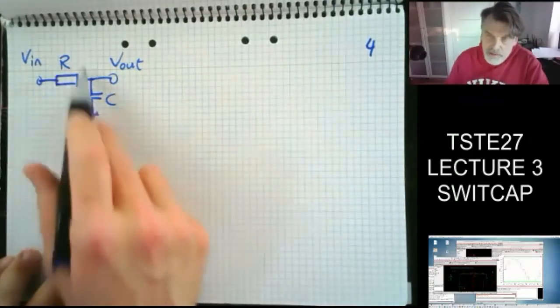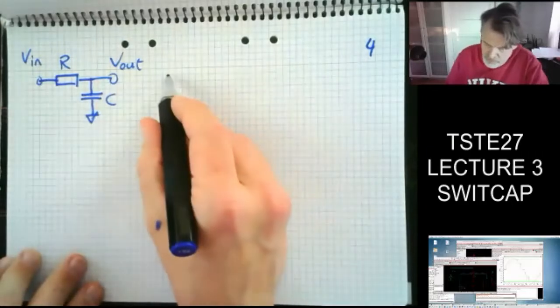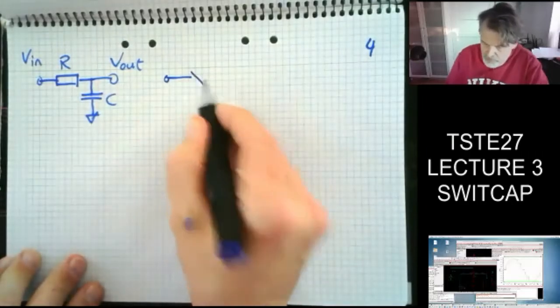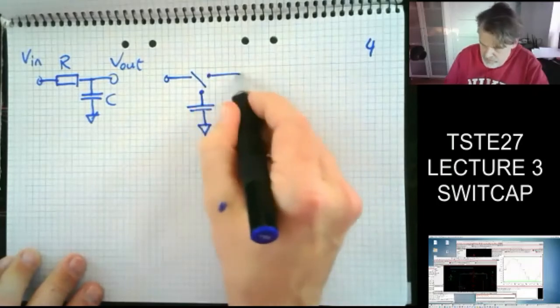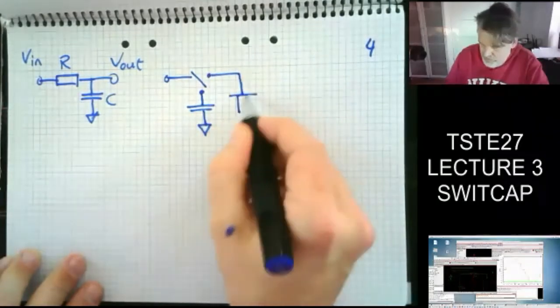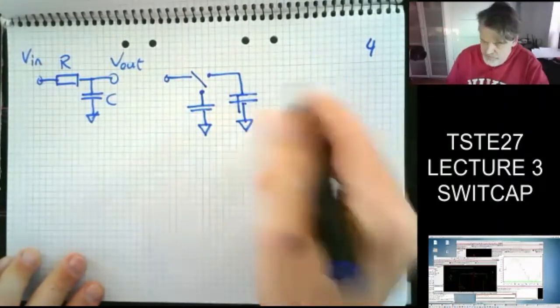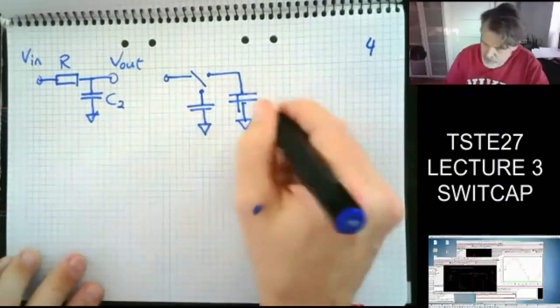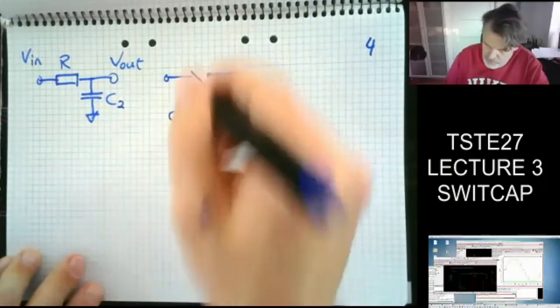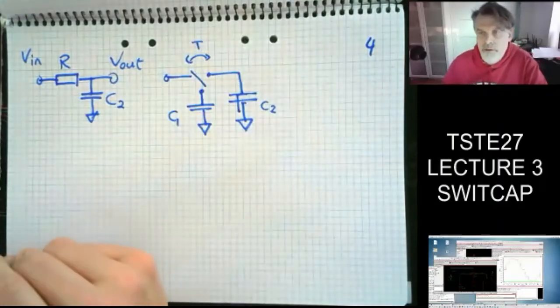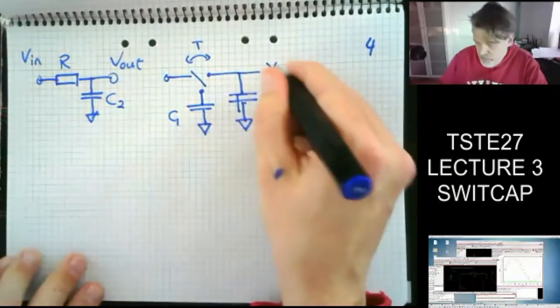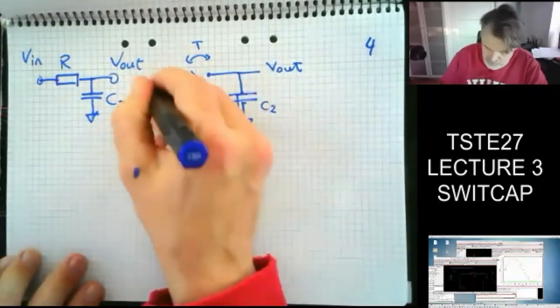Then I can replace this resistance with the switched capacitance. So I would do something like this, and a capacitor like this. Let's call it C2, and then I have a switch going back and forth at the clock period like this. And I capture V out here, V in.